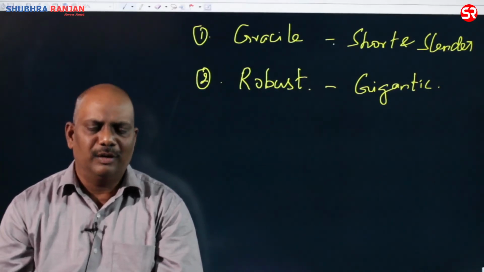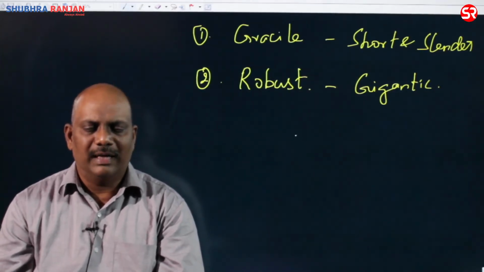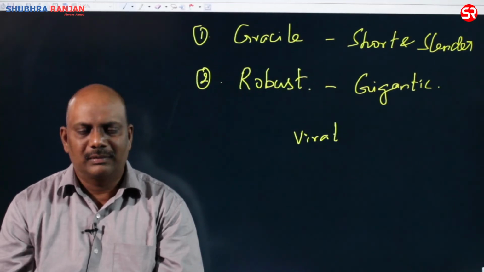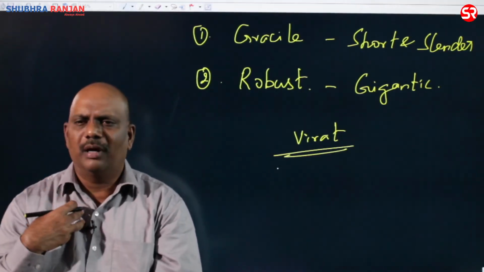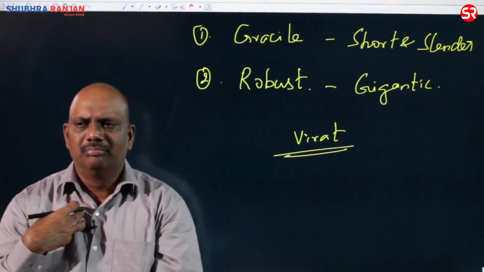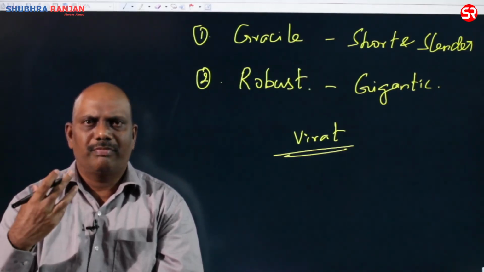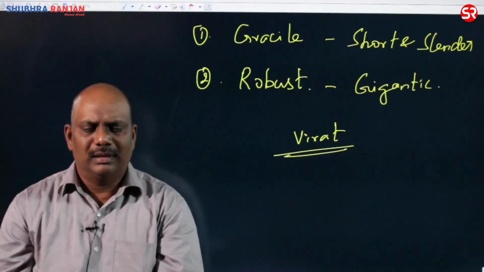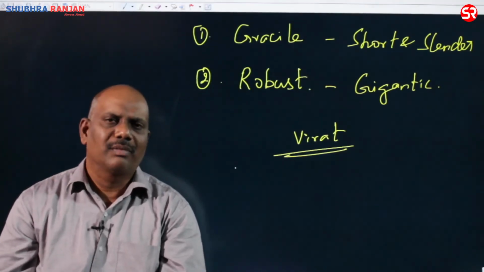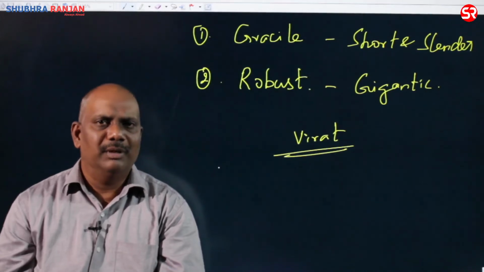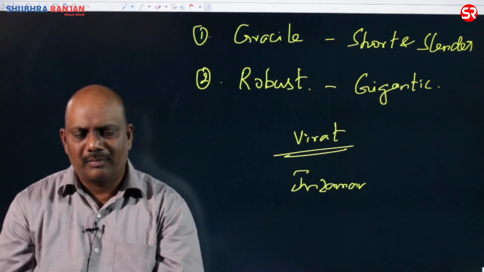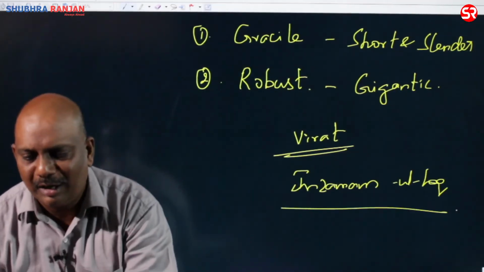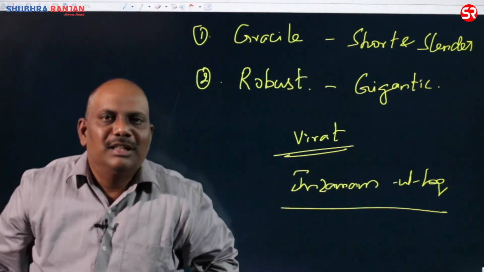For gracile, you remember our Virat Kohli. For robust, you can take the example of say Chris Gayle, or a better example is Inzi. I don't know how many of you have seen Inzamam Ul Haq playing.